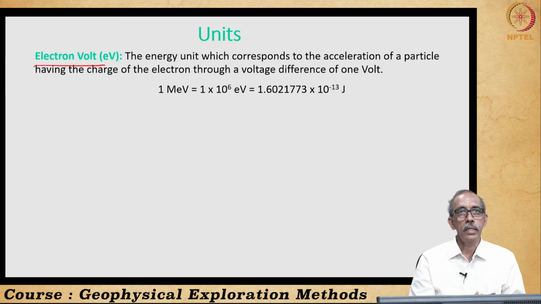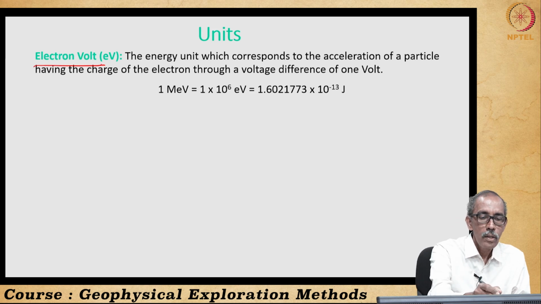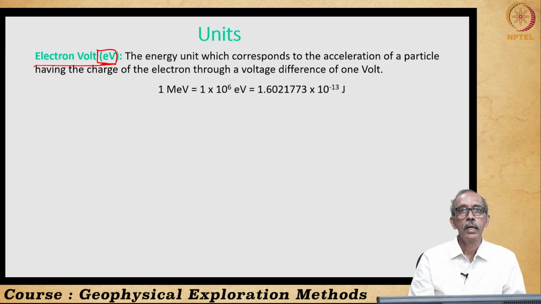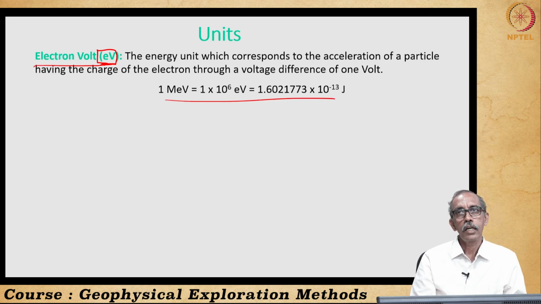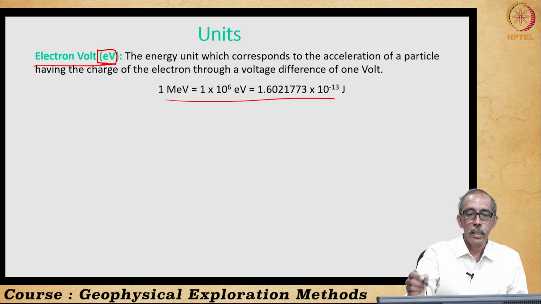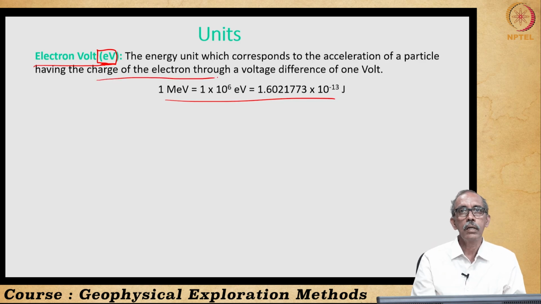One of the common units which we often use in radiometric survey is electron volt, which is referred by small letter e and capital letter V. Electron volt is given by this equation, where the energy unit corresponds to the acceleration of a particle having a charge of an electron through a voltage difference of 1 volt. For a voltage difference of 1 volt, what will be the charge of the electron, right? That is what is known as electron volt.